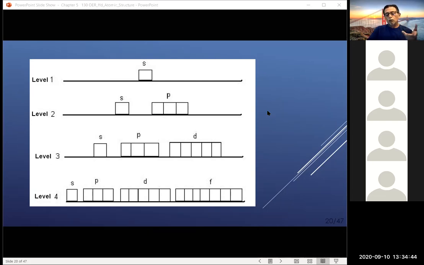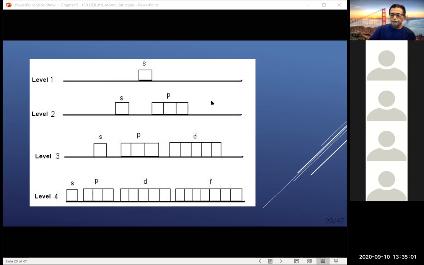Now, the way we numbered it, 1S, 2S, 2P, the coefficient represents the energy level. To represent the electrons, we use a superscript on the orbital.